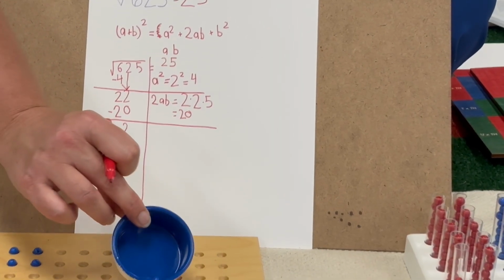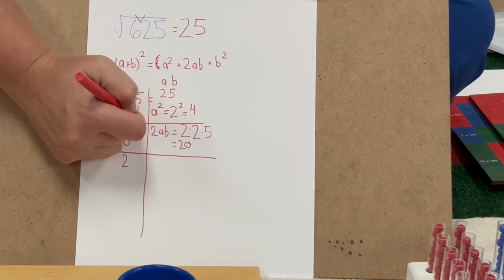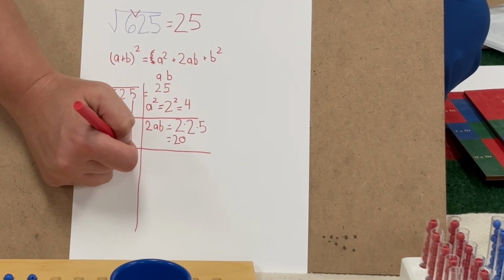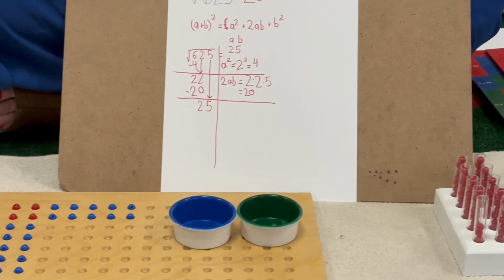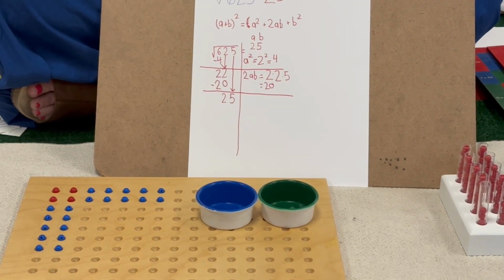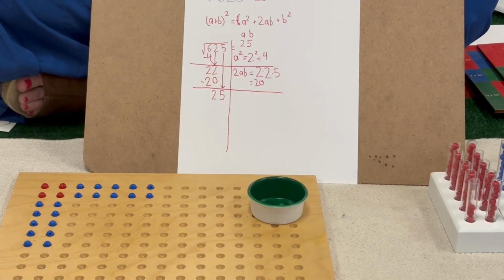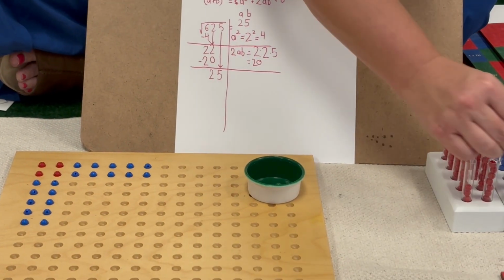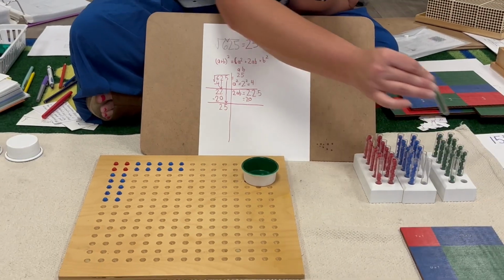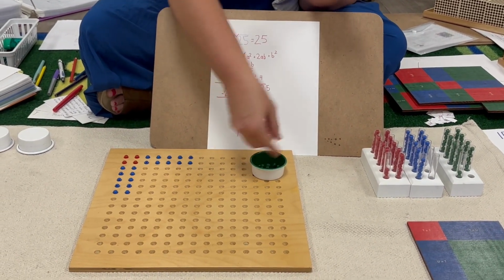There are 2 beads left. Bring down the 5. All right, so now we have 25. We're going to make an exchange. So 1 ten is the same as 10 ones. 2, 4, 6, 8, 10.